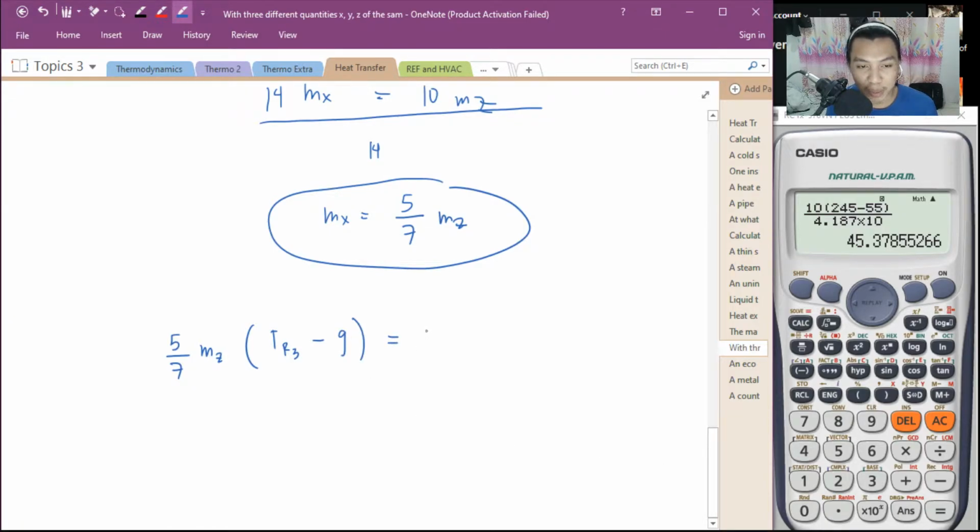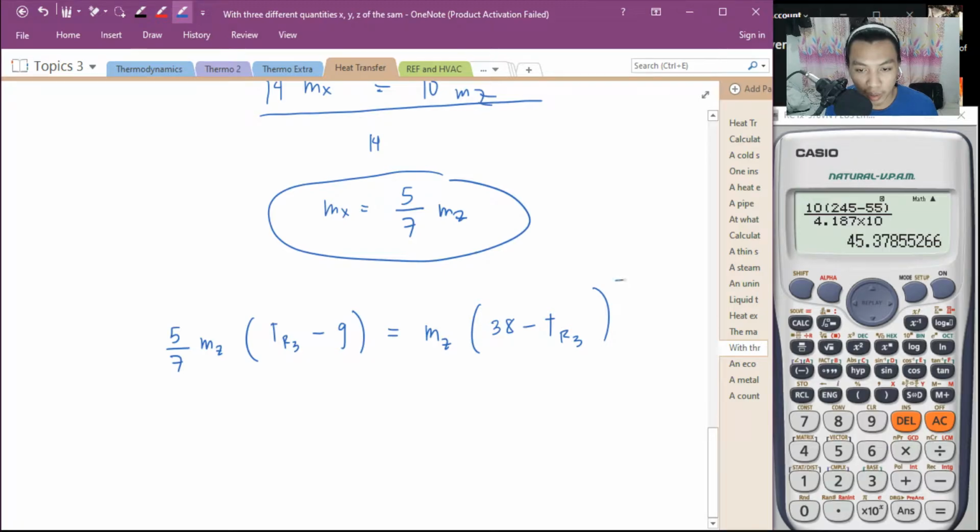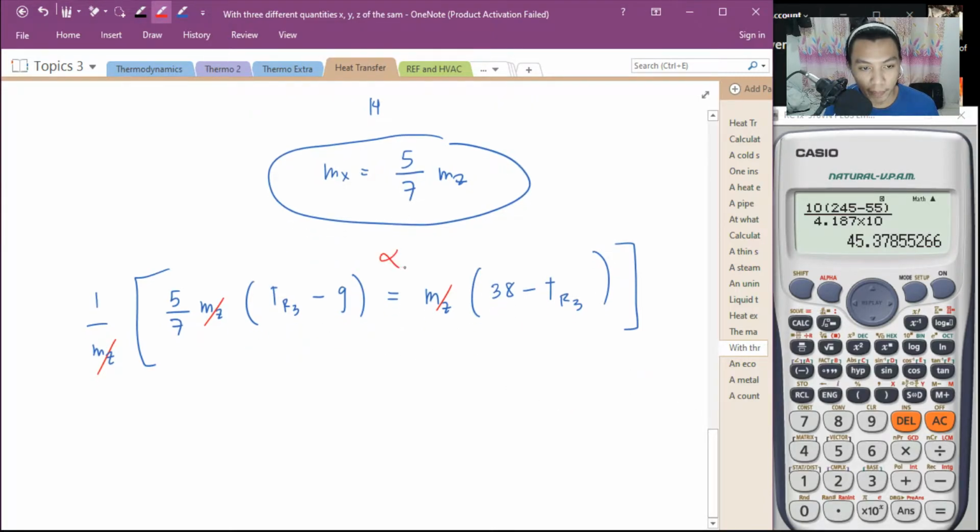Puro algebra lang 'to. MZ multiplied to 38 minus TR3. Okay, isa na lang yung magiging value dyan. We can multiply it both sides by 1/mz para ma-cancel out. Okay? Cancel out, and then cancel out. Cross multiplying by 7.